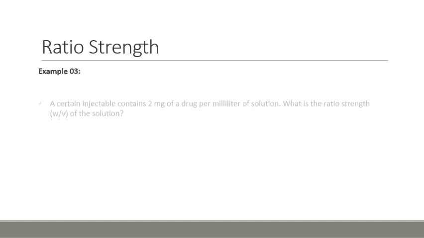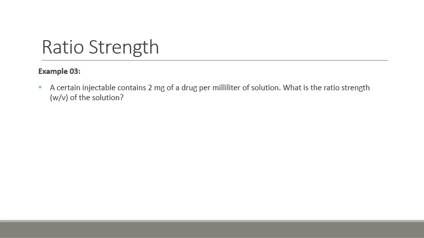Now here we have the last example of the ratio strength, and it says a certain injectable contains 2 milligram of a drug per milliliter of solution. What is the ratio strength weight by volume of the solution? As we have discussed, if the preparation is 1 is to 1000, that means 1 gram of the drug is present in 1000 ml of the solution.